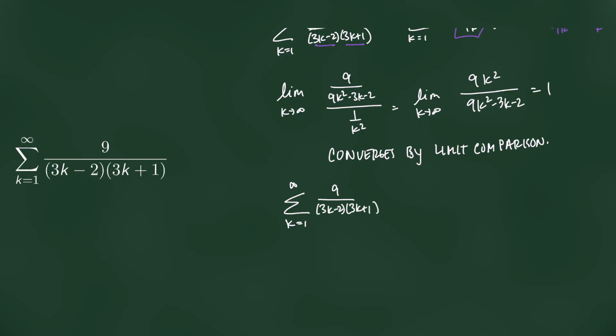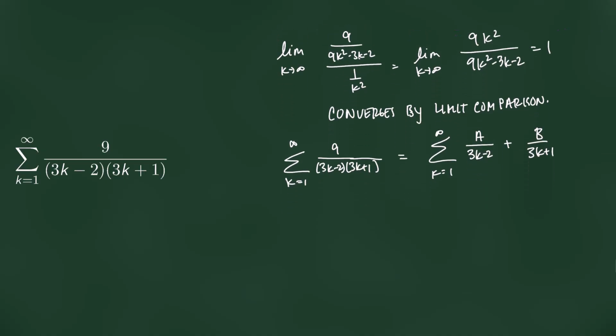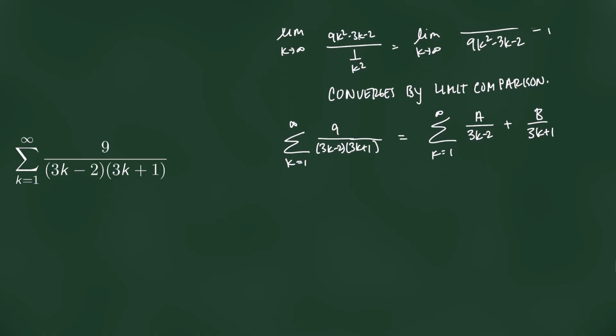And we want to rewrite this as the sum from k equals 1 to infinity of some a value over 3k minus 2 plus some b value over 3k plus 1. So to do that, we're going to notice that a times 3k plus 1 plus b times 3k minus 2 has to equal 9, multiplying through by our common denominator.